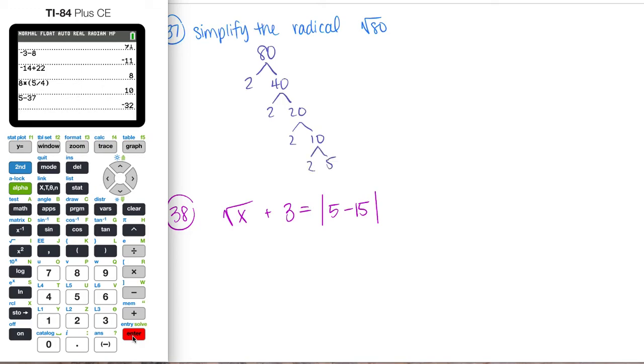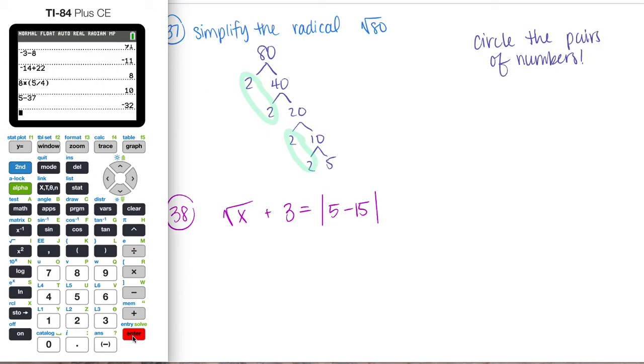Now we just have a bunch of prime numbers. So that is what we need. As a reminder, we're going to circle the pairs of numbers. So when we circle the pairs of numbers, we have 2 and 2, 2 and 2, and 5 is left as lonesome.